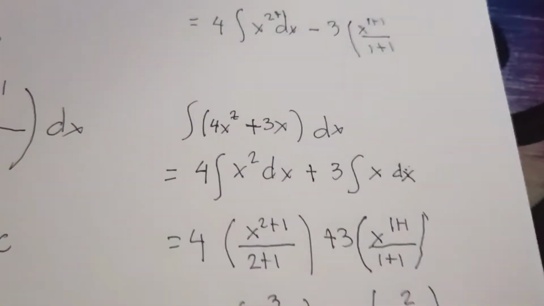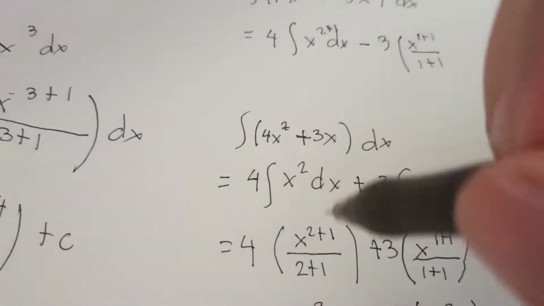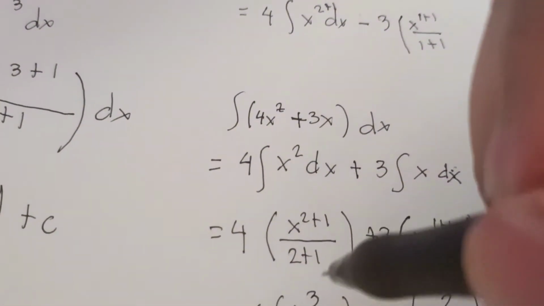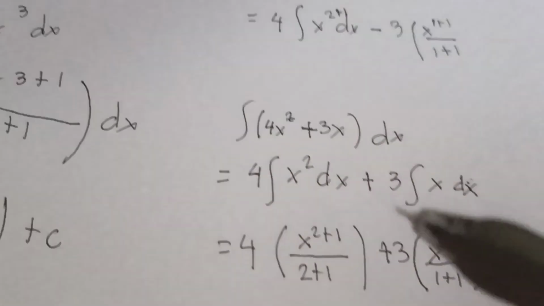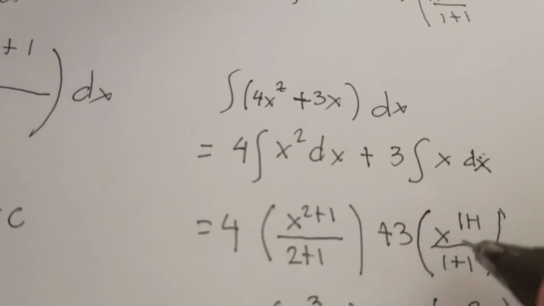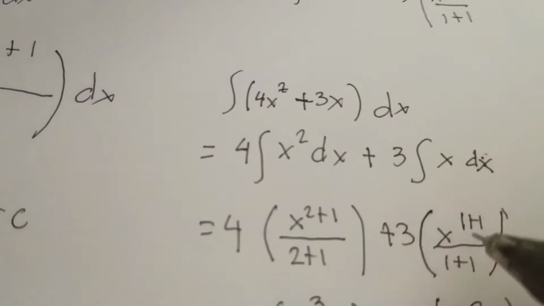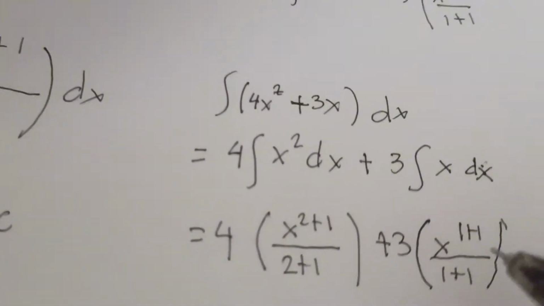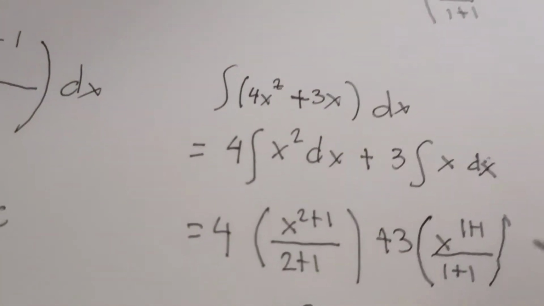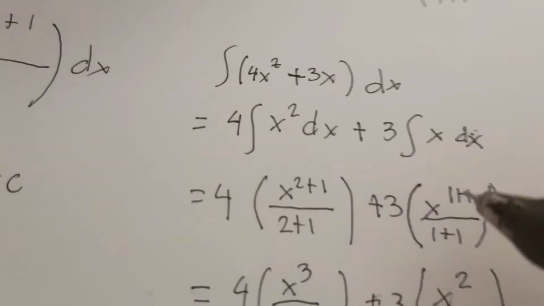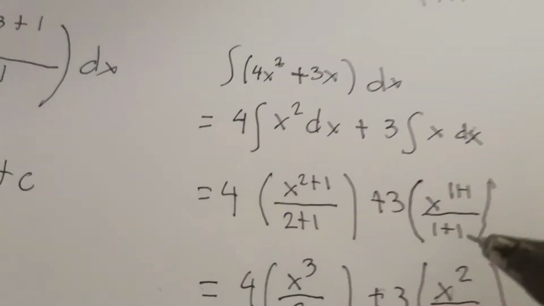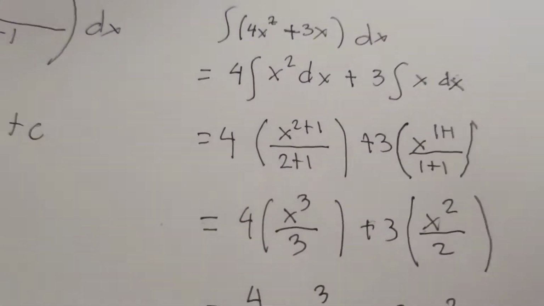As you can see, this is what we're going to do. We add 1 to the exponent: x squared, 2 plus 1, and 3 here. Since x is understood as having an exponent of 1, if it does not have an exponent like squared or cubed, it's understood as 1. So it's 1 plus 1, and the denominator 1 plus 1 also.